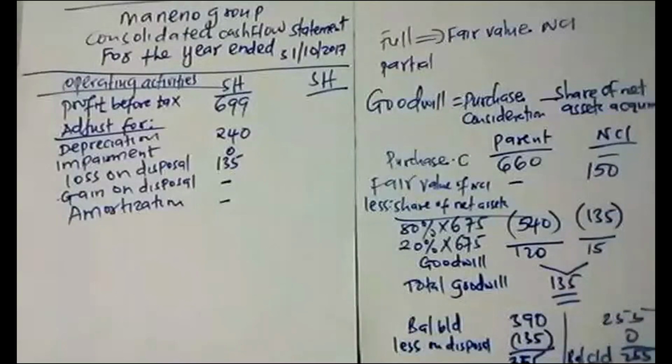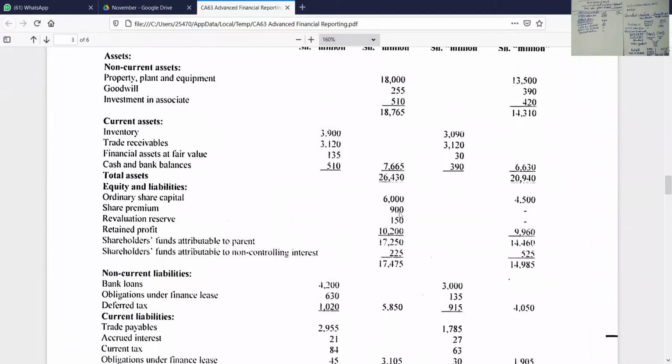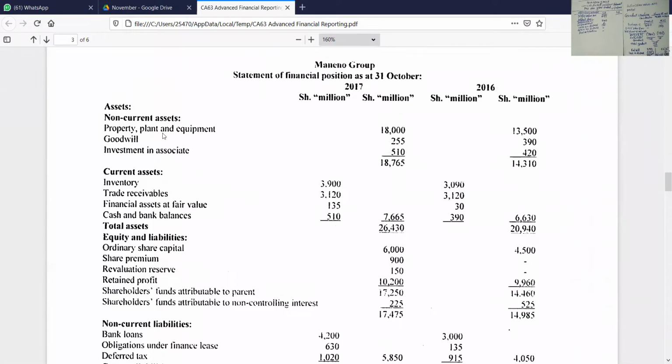Why? Because if I go to my non-current assets, I can't see any other intangible asset. The only intangible asset here is goodwill. There is no other intangible asset like patents or trademarks for which we can start checking amortization.